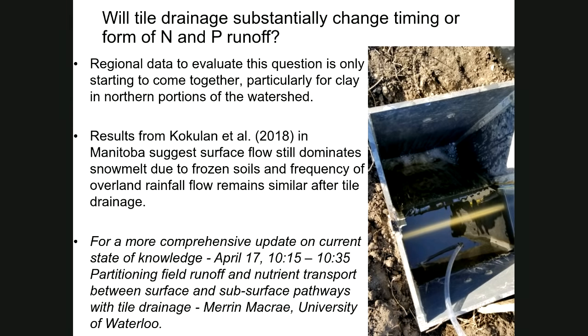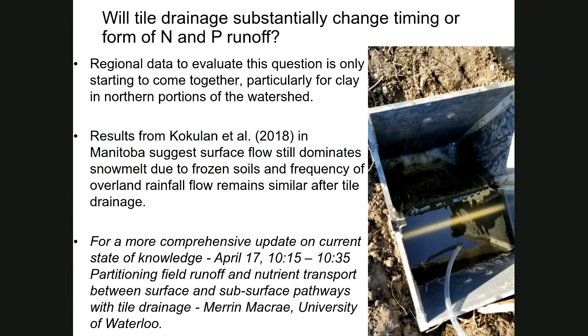So reading through the literature and talking to some of my colleagues with more experience on the topic of tile drainage, it seems that the regional data to evaluate, particularly as we move north and are talking about clay soils, is just starting to come together to think about this question of what the impact on timing and form of nitrogen and phosphorus movement might be.